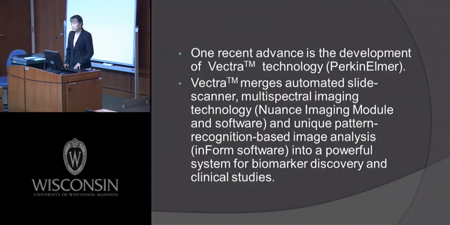So one recent advance is the development of Vectra technology. It merges an automated slide scanner, multispectral imaging technology, which Christina just described, and unique pattern recognition-based image analysis into a powerful system for biomarker discovery and clinical studies.